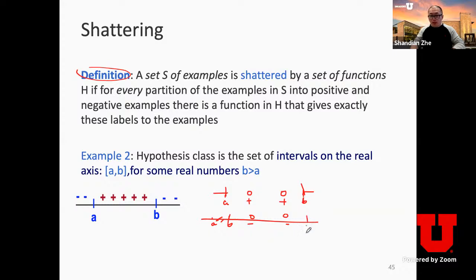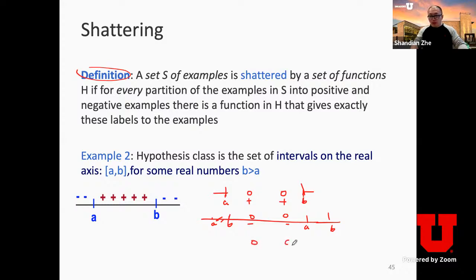We can also place A and B on the rightmost. In both cases, these two negative examples stay outside of the interval, so they're going to be predicted as negative by our interval classifier as well. So we pass the second labeling scheme.